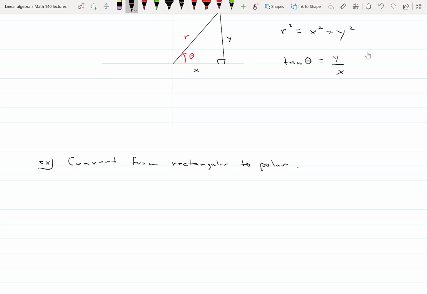Rectangular to polar. And the point is going to be (-1, radical 3). So we're in rectangular form, so this is x and this is y. I want r and theta. I want r and theta.